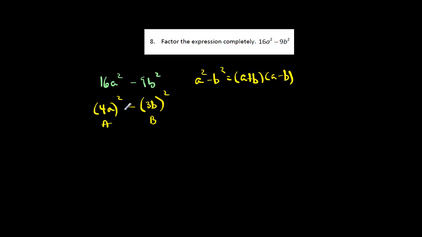So our a is 4a, our b is 3b, and we're just going to stick those in. So we're going to have 4a plus 3b times 4a minus, whoops, it's a little messy there, let me do that again. 4a plus 3b times 4a minus 3b, and that's your answer.